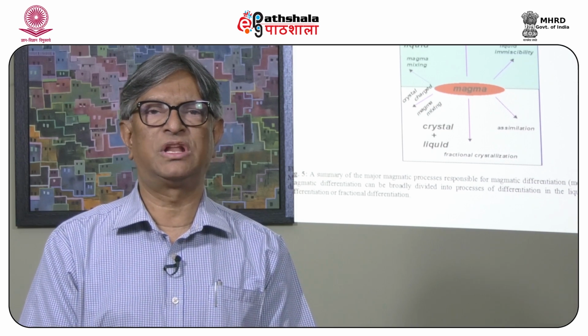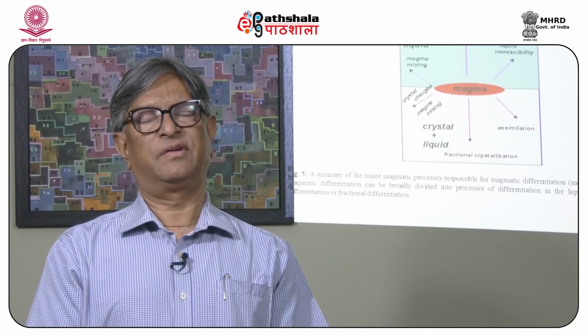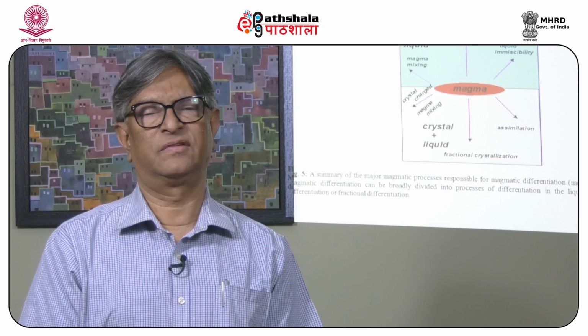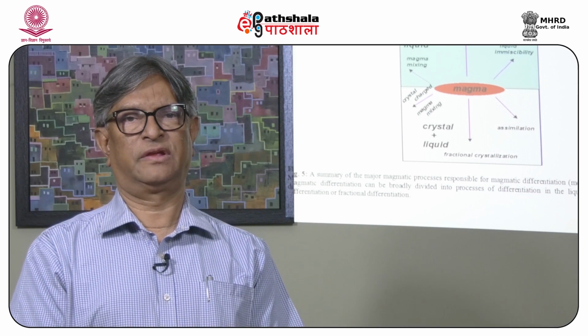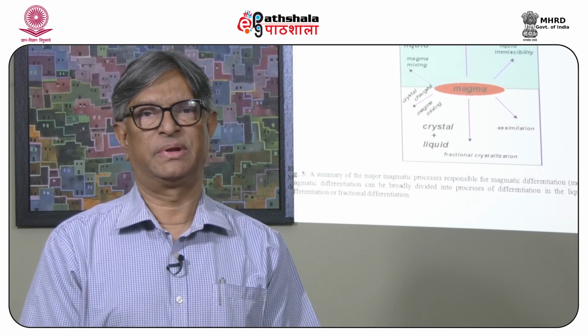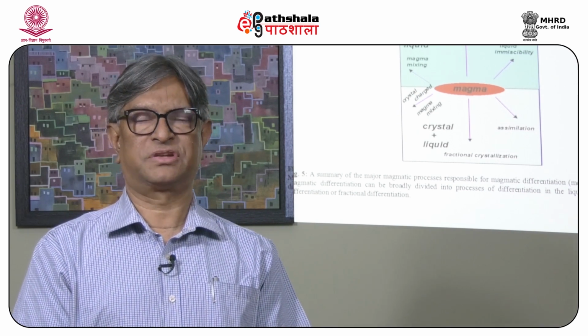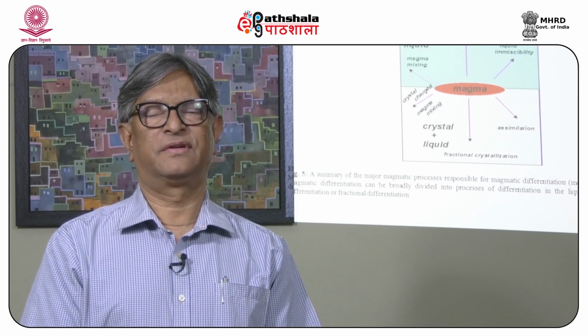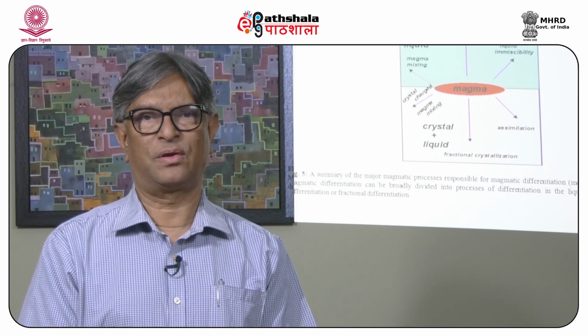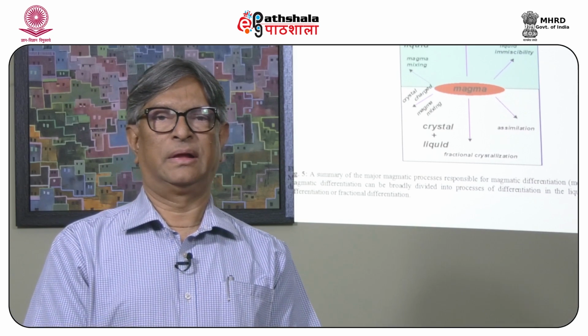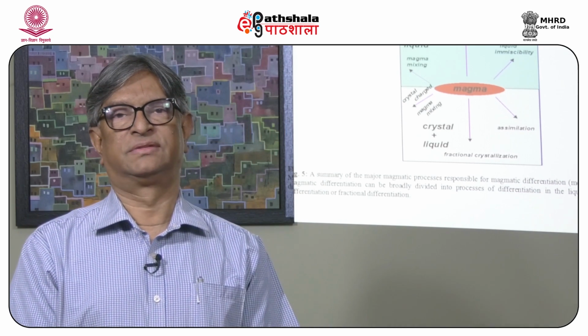When it is a basaltic rock, okay, it will have a different composition. As I said, it will be mafic rock, where we have more magnesium and iron minerals crystallizing. So you will have crystallization of olivine, pyroxene, and amphiboles.